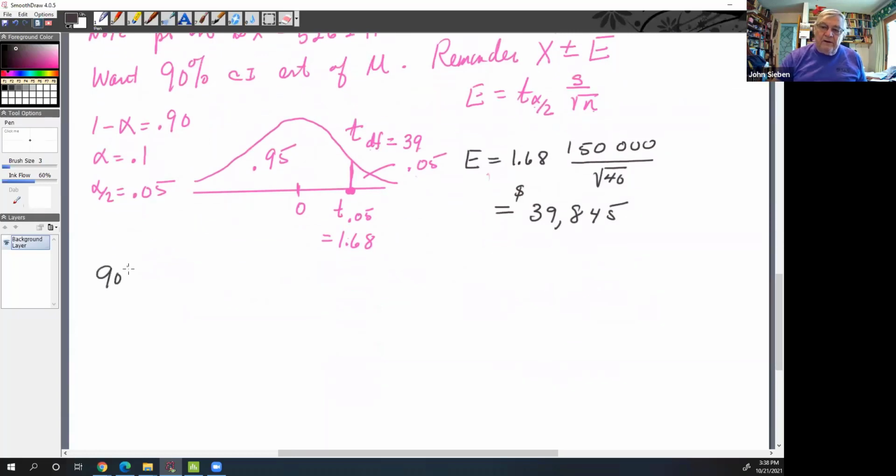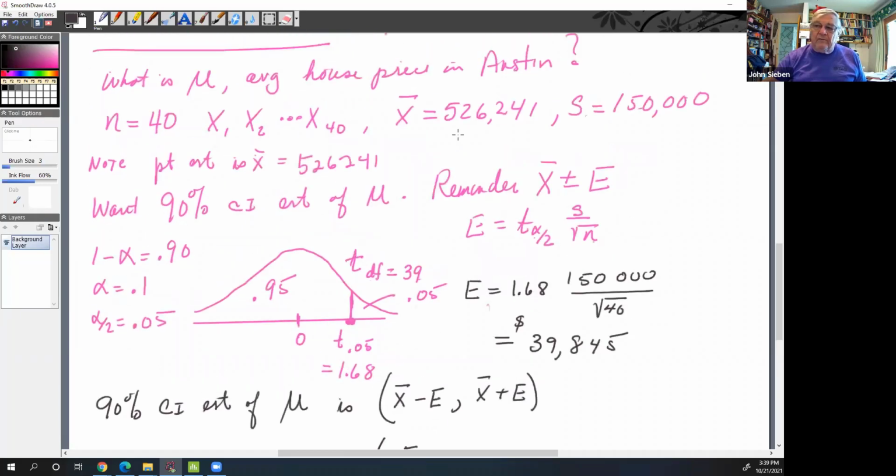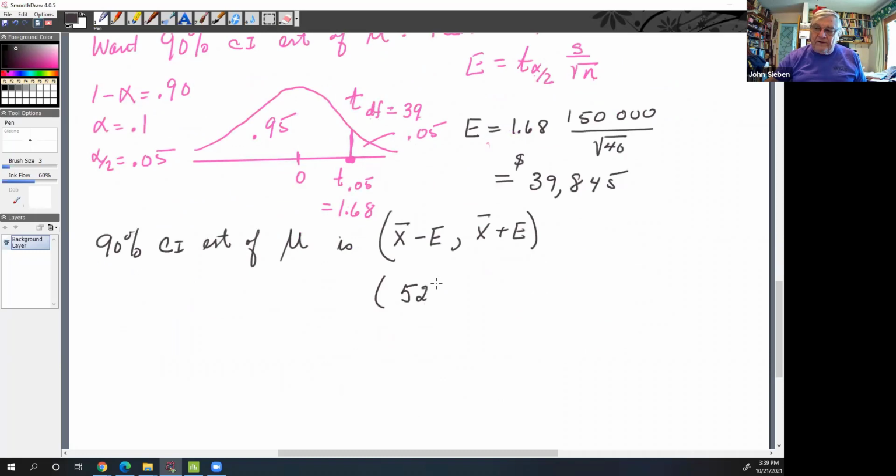The 90% confidence interval estimate of the population mean is (X bar minus E, comma, X bar plus E), which is... Now I'll scroll up so you can see where this came from, but this came from our data, $526,241 minus $39,845, comma, that's the low end.